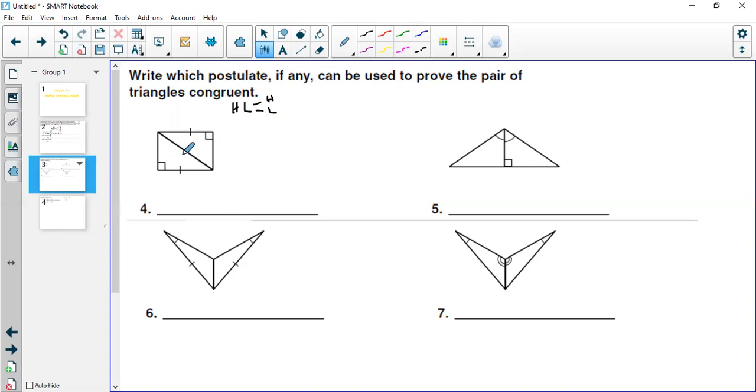So check if they have given you the measurement of hypotenuse and leg. Now, which is the hypotenuse of this triangle? This one. So by nature, we know that it is equal, right? They don't need to tell us this, we know that. But did they give us the legs are equal, if any one leg is equal? Yes, they did. They said this leg is equal to this. So we could use hypotenuse leg theorem for this.